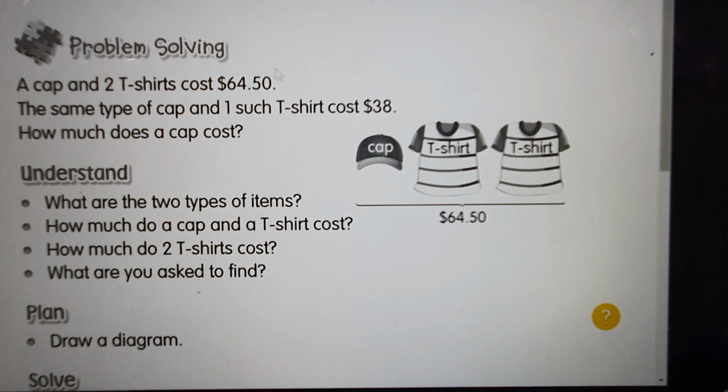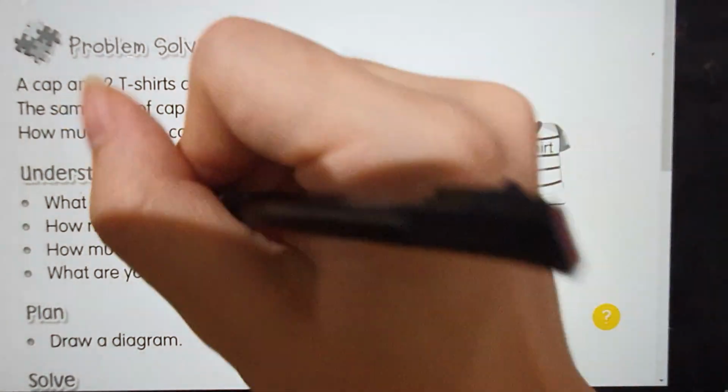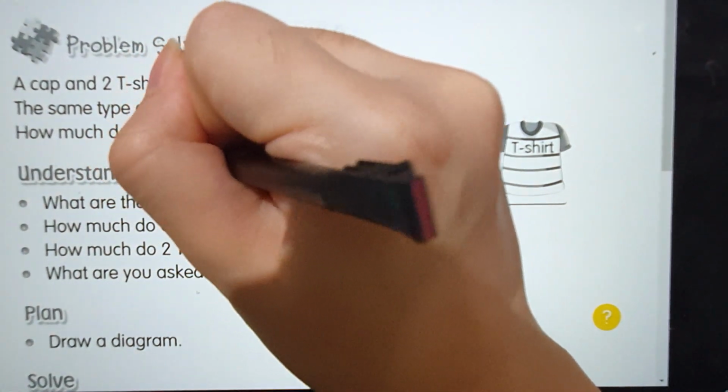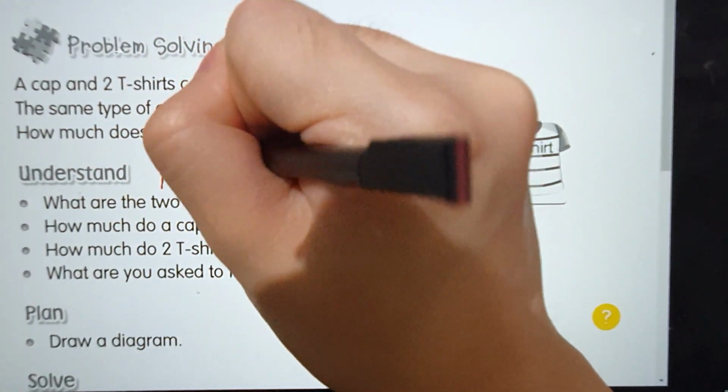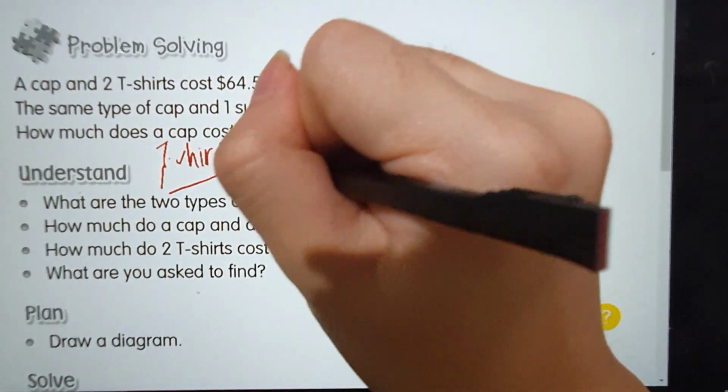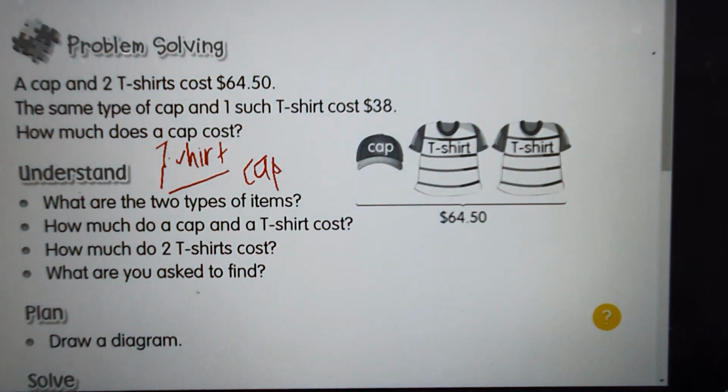After you read this question, what are the two types of items here? The two types of items here are your t-shirt and a cap.